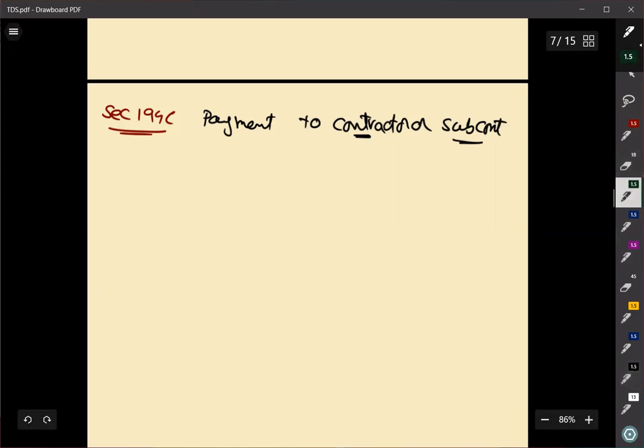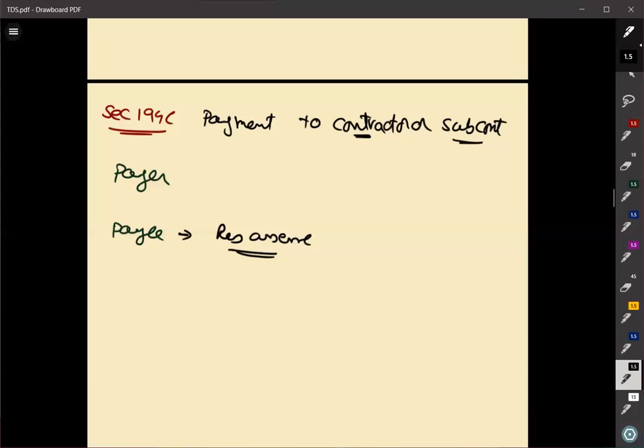As with every section, 194C is also having something called a payer, and 194C is also having someone called a payee. Now, let us see who is payee and who is payer. Payee for this purpose means resident SSC. What is the meaning of resident SSC?